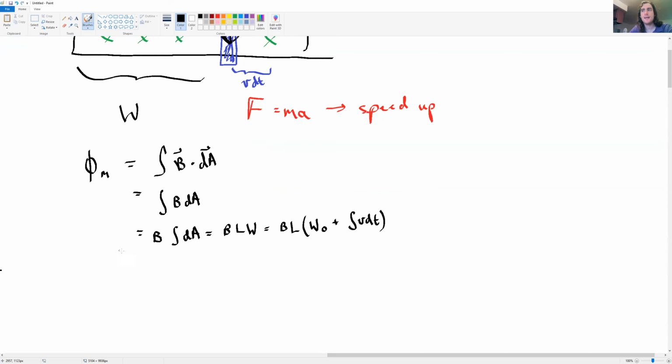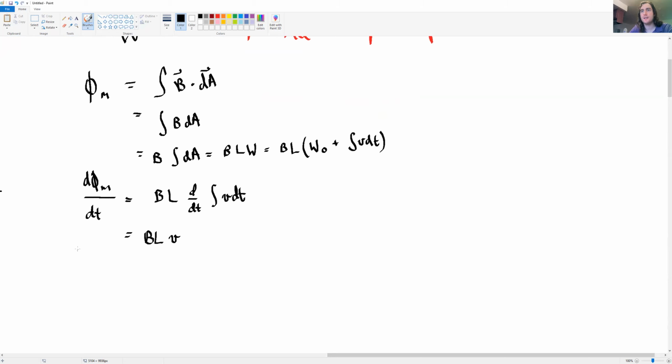Okay, so now if I want to take a time derivative of this thing, d phi m dt, the magnetic field is not changing, the length is not changing, the initial width doesn't change, but the derivative now will act on this integral. That's the fundamental theorem of calculus here. So even when the velocity is changing with respect to time, we still end up with this expression here, BLV.